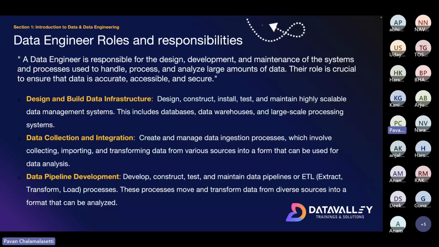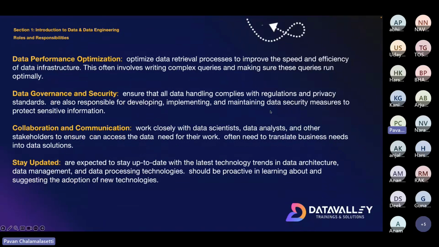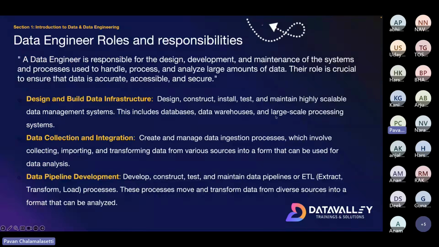You don't want to have 1 terabyte, then get more data and have no place to store it. As a data engineer, you need to make sure you always have a way to scale the data. Scaling is another concept we'll come to in future sessions. So your data needs to be scalable, and building scalable infrastructure and platforms is very important.